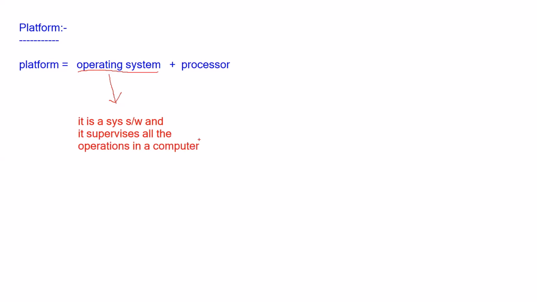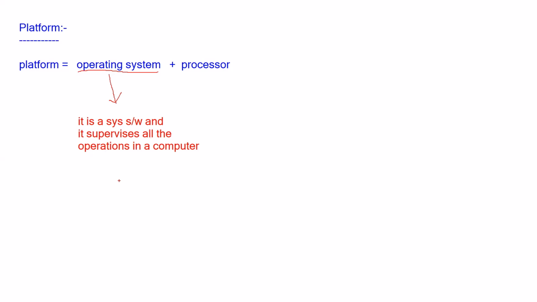There are different types of operating systems like Windows, Linux, Macintosh. Any operating system can supervise all the operations inside a computer.